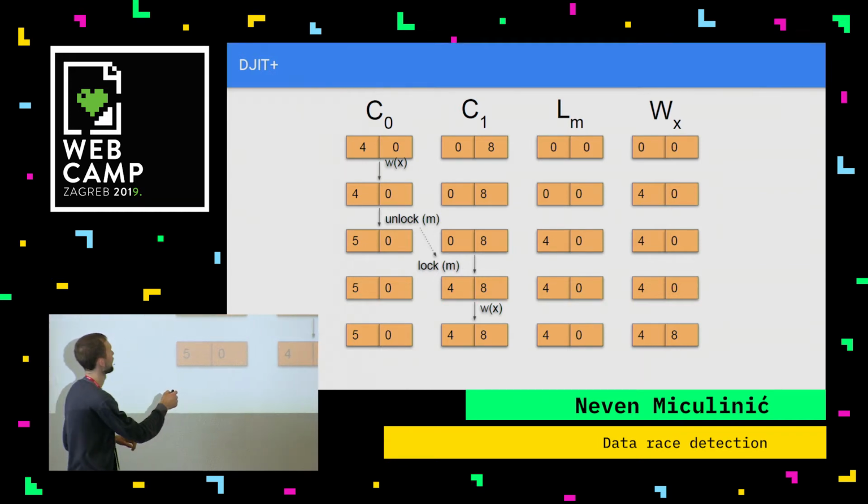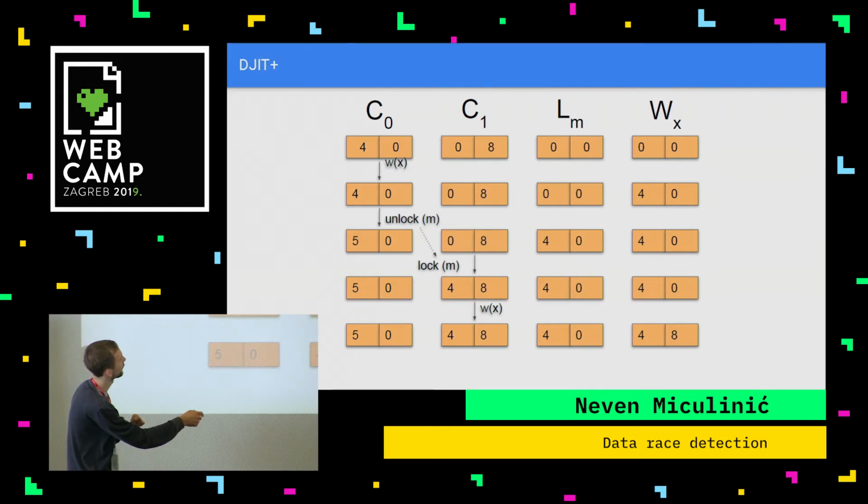We perform an unlock, which increments the clock, a really important event happening, which is synchronization. And by updating here, we also update the last time this lock was unlocked to 40, which equals the vector clock 40. We perform a locking operation of mutex M, and to get this new vector clock for Go routine 1, we take the maximum of its own vector clock, 0, 8, and the vector clock for this mutex, which is 40.